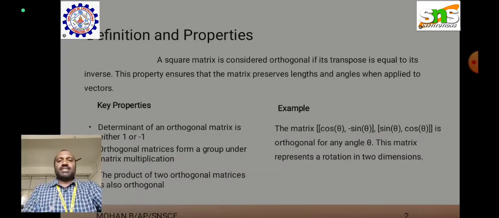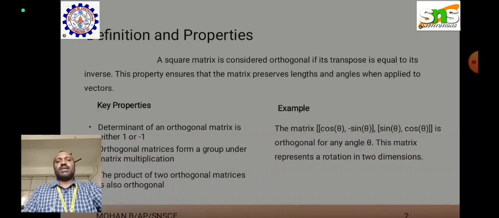This is possible only for square matrices. This property ensures that the matrix preserves length and angle when applied to vectors. That is the key property.